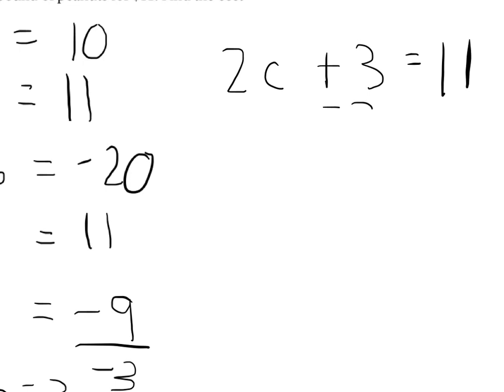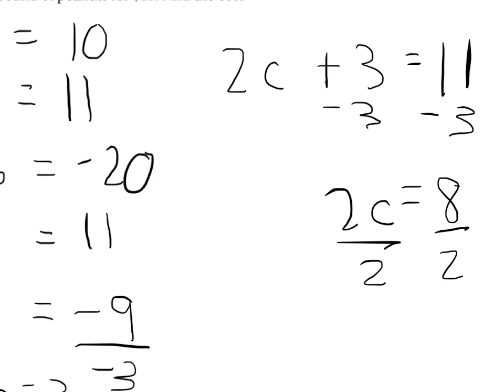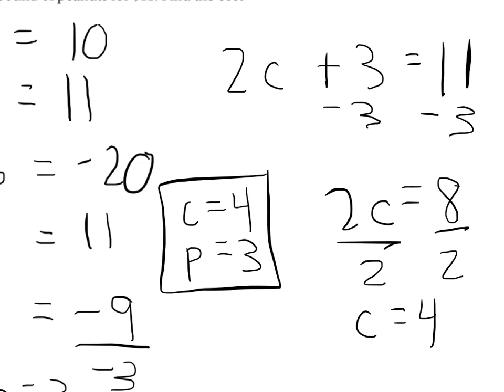So then you would subtract 3, which gives you 8 equals 2c. So then you divide by 2, which gives you c equals 4. Now you know the cost per pound of cashews and peanuts. So c equals 4 and p equals 3. And that is the answer.